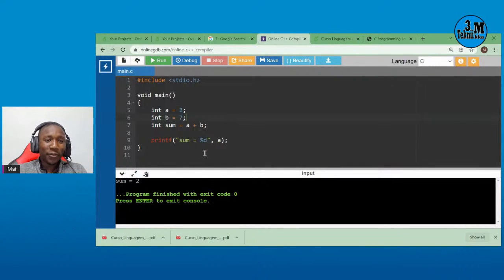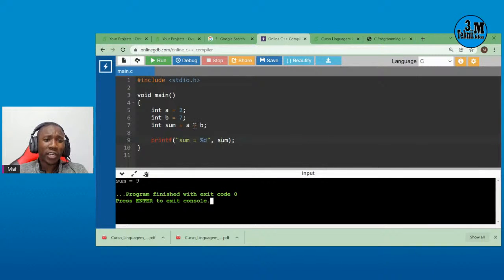Okay, I have sum equal to 2. I have here a, which is 2, and I'm not thinking. This is 2 because a is 2. I didn't want to print a. I want to print sum. Okay, the sum is 9.